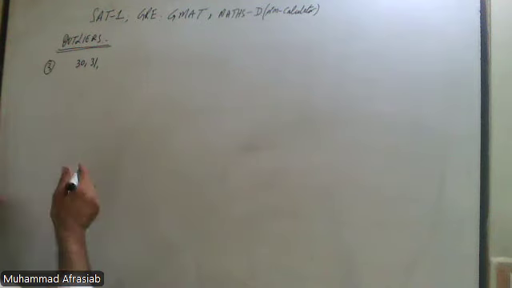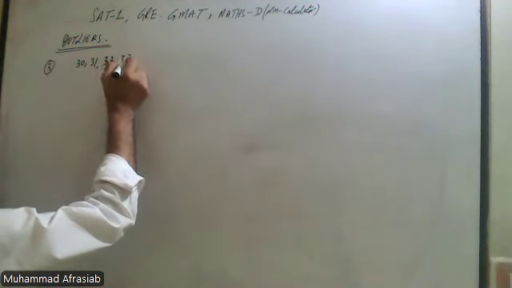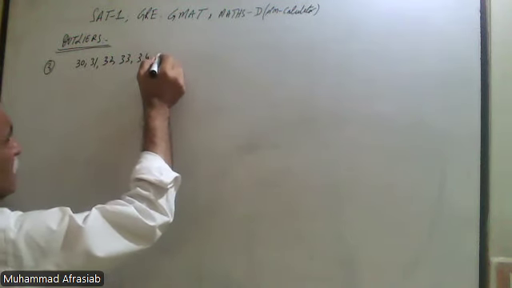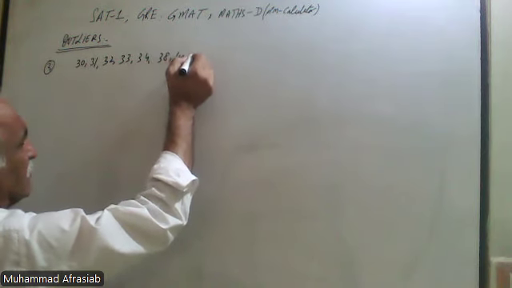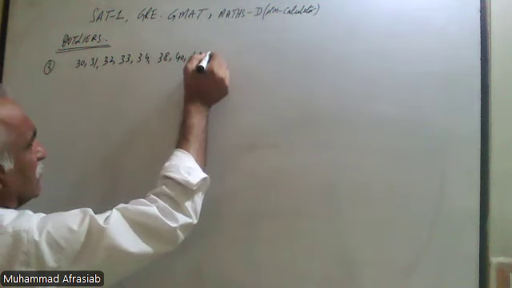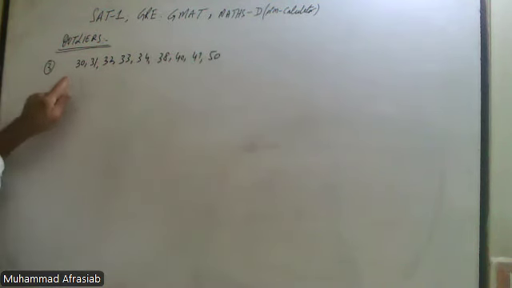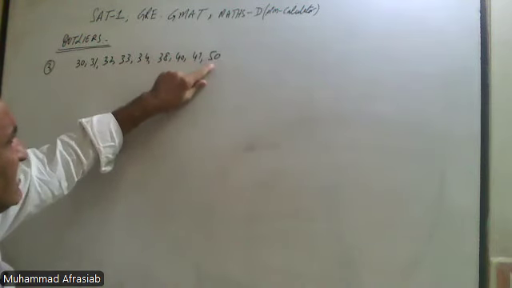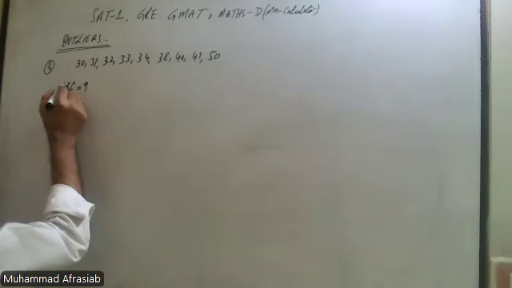Let's make the third example: 30, 31, 32, 33, 34, 38, 40, 41, 50. So 1, 2, 3, 4, 5, 6, 7, 8, 9. So let's say sigma f is equal to 9.